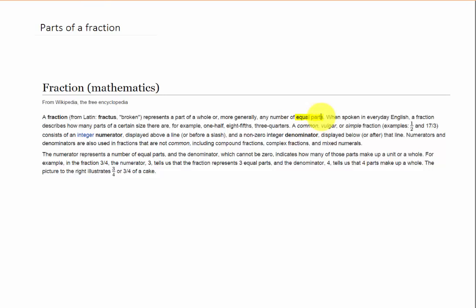And the number of equal parts that it's divided into is called the denominator, so that's written on the bottom of the fraction. And then the numerator tells us how many of those equal parts we're dealing with in this particular case. So we've got a numerator and a denominator.